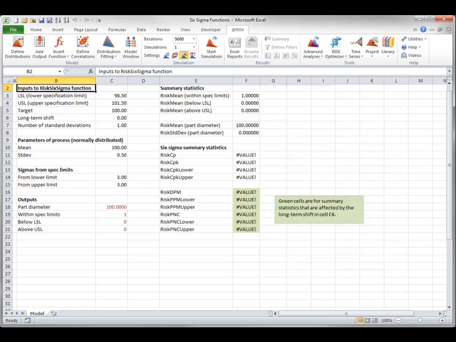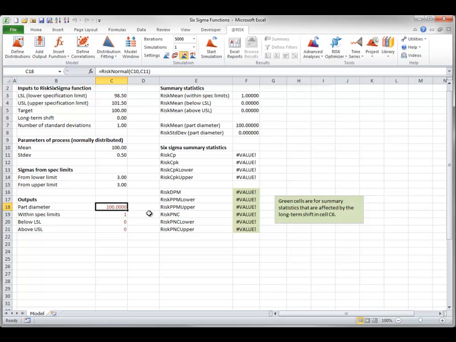The example shown here is used to illustrate Six Sigma functions. This is for a process that makes parts. The parameters in cells C10 and C11 indicate how the process is producing normally distributed parts: mean 100, standard deviation 0.5. A typical part diameter is generated in cell C18 with a RiskNormal function.